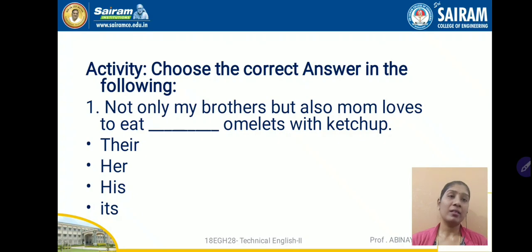Not only my brothers, but also mom loves to eat dash omelets with ketchup: there, here, his, its. So, already I taught you using either or, neither nor, not only but also. At that time I told you, if two subjects are connected with either or, neither nor, not only but also, the subject near to the verb has to be taken.